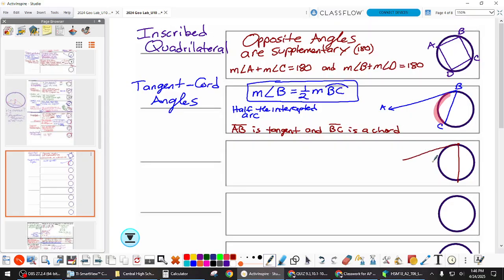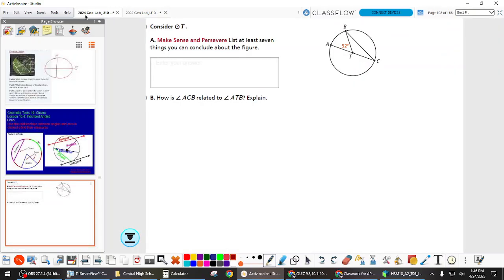If I tell you that this angle is, let's say, 20 degrees, how big is this arc? 40. You just double it, right? So double going out, half coming back in. That's the same for the one that we wrote about just plain inscribed angles as well. Okay, so let's look at some problems.